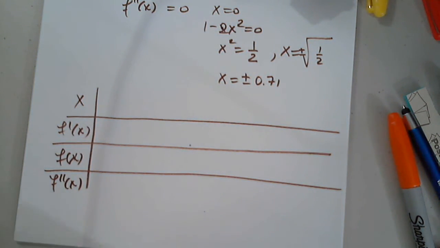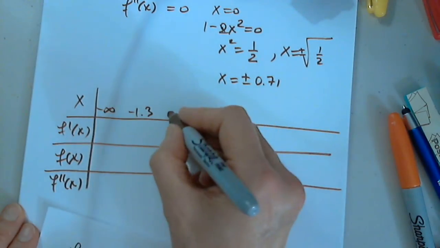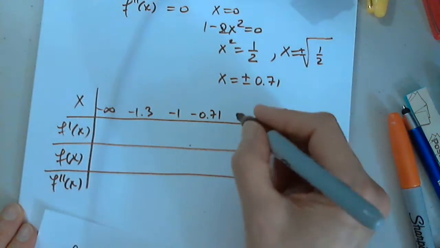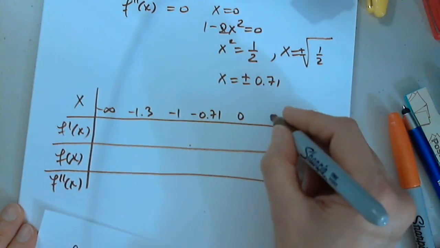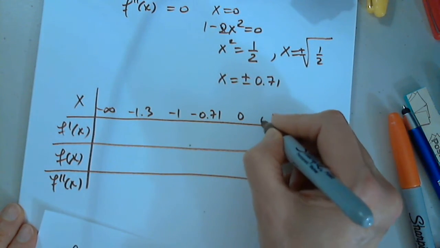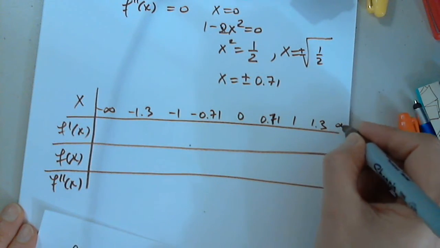So now, since I have all the numbers, I have negative infinity, negative 1.3, negative 1, negative 0.71, and then 0, and then 0.71, and then 1, and then 1.3, and infinity.